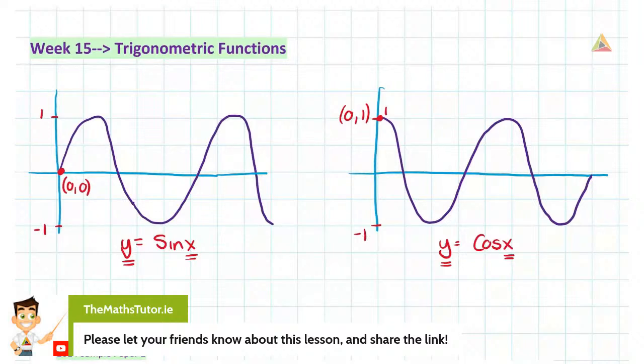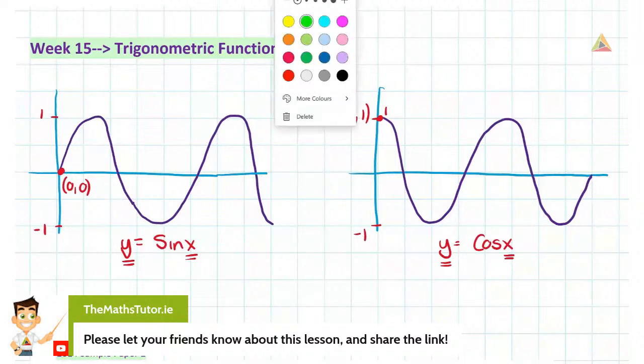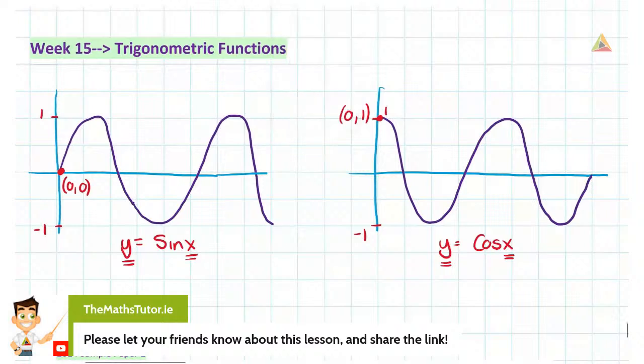We also talk about the period of the graph. When I mention the period of the graph, it's basically when the graph starts to repeat itself. If we follow the sine graph all the way around to get back to where we start, we're going right up to this point here. The period of a sine function is 2 pi or 360 degrees, depending on whether you're talking degrees or radians.